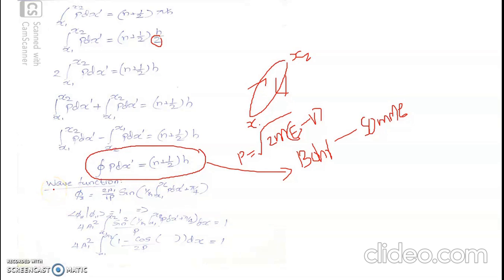Now we have started with the wave function, so we'll finish the story that the wave function will be able to tell us. The wave function representing the system in region 2. Why don't you take the wave function representing the system in region 1? Because in region 1 you cannot expect such a bound system. A bound system will be limited within the boundary of this potential, in the region where the potential energy is less than the total energy.